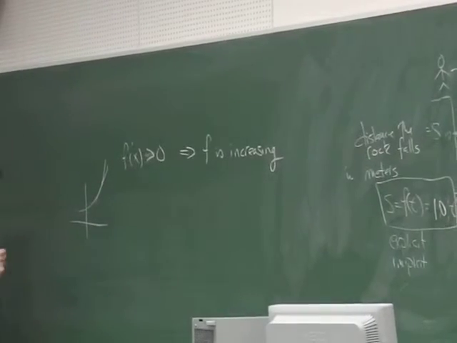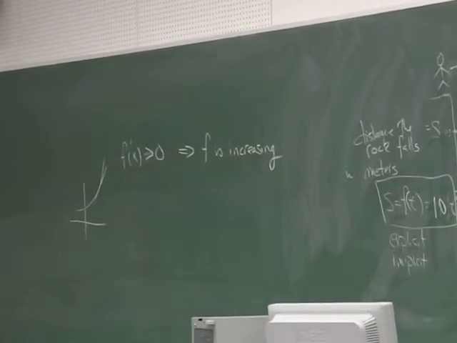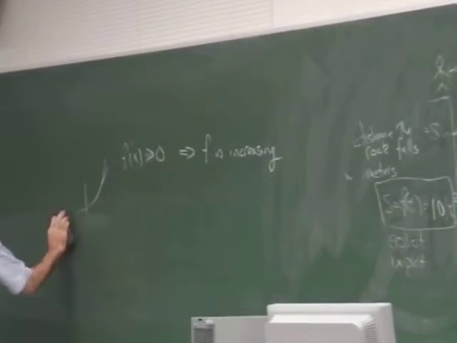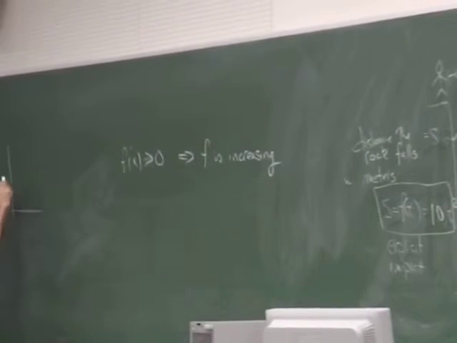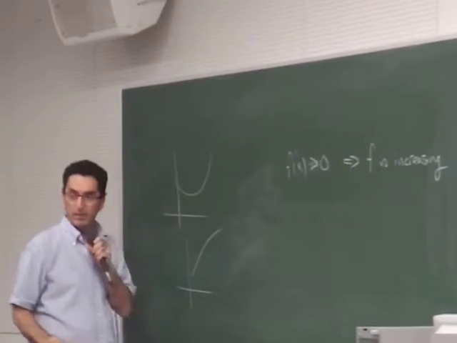So, now we need to distinguish between two types of shapes. A shape like this and a shape like that. Okay?